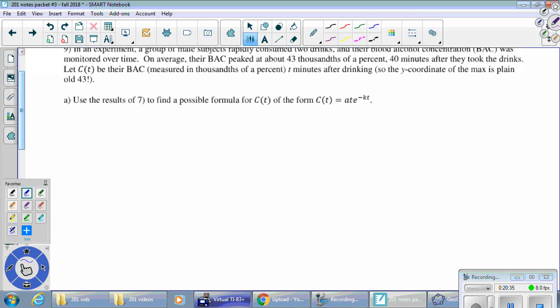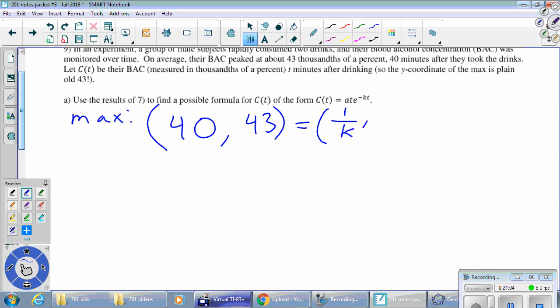All right, so here's the idea. We are given in this particular scenario that the maximum occurred 40 minutes after these folks started drinking. So that's the T value. And their maximum concentration, the BAC, was 43 thousandths of a percent, which we're just writing as 43. But we did all that calculus work before on functions that look exactly like that to figure out that the maximum should occur at the T value of 1 over K and Y value of A over KE.